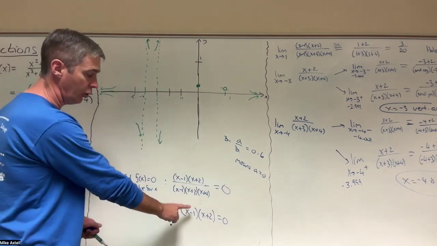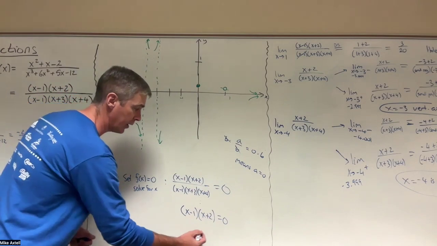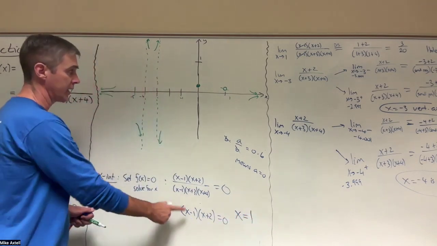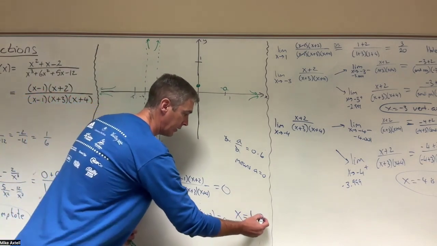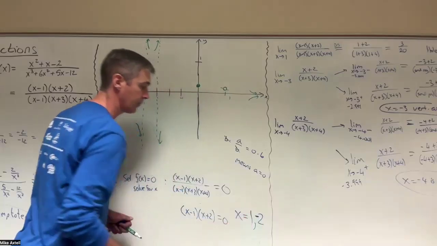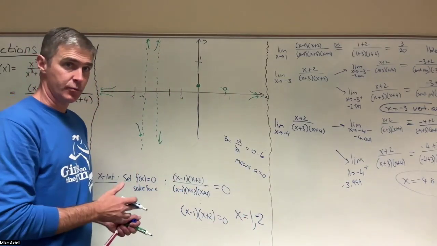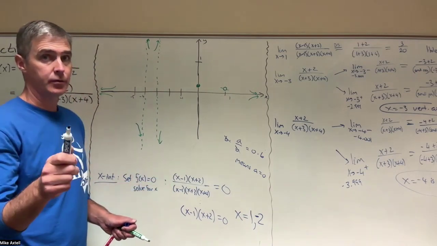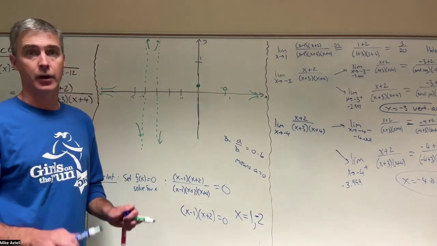All right. So the only way x minus 1 times x plus 2 is 0 is, well, either the x minus 1 is 0, or the x plus 2 is 0, and that would lead to an x value of -2. Okay. So according to the algebra, the x-intercepts are at 1 and -2. But remember, x equals 1 is not even in the domain of the function.